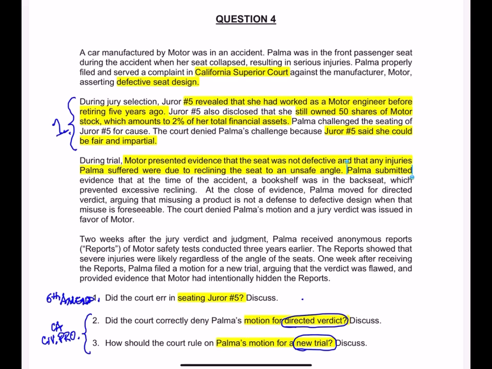At the close of evidence, Palma moved for directed verdict, arguing that misusing a product is not a defense to defective design when that misuse is foreseeable. The court denied Palma's motion, and a jury verdict was issued in favor of Motor.